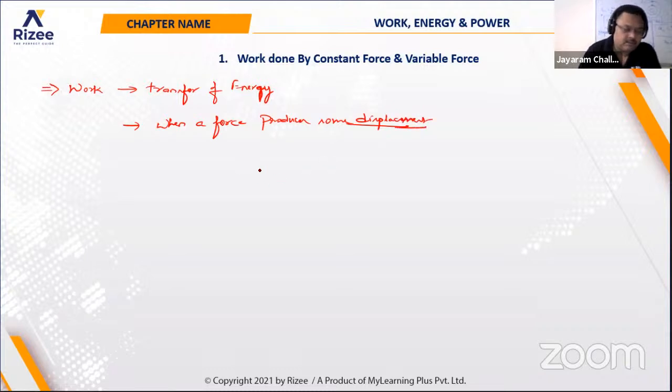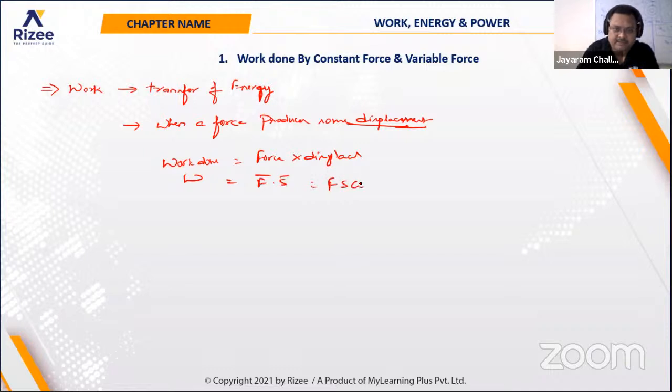Fine. So that means W, the work done, is equal to force into displacement, or W is equal to F bar dot S bar, or it is Fs cos theta.